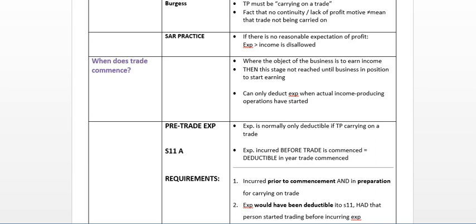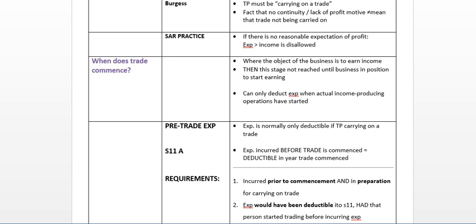So when an object of the business is to earn income, then this stage is not reached until the business is in a position to start earning. You can only deduct expenditure when actual income producing operations have started. So that's important. But remember from the income definition, any income has to be received or incurred.